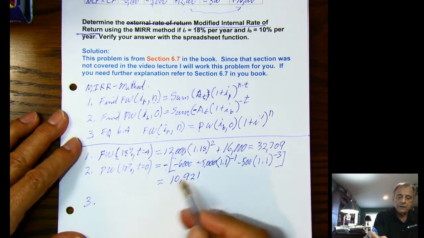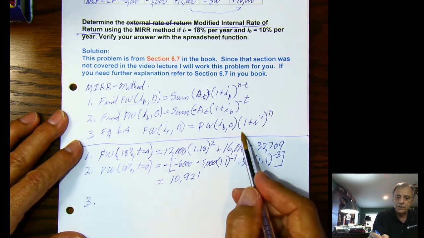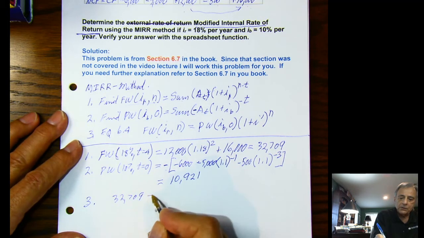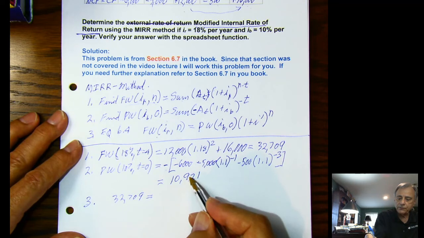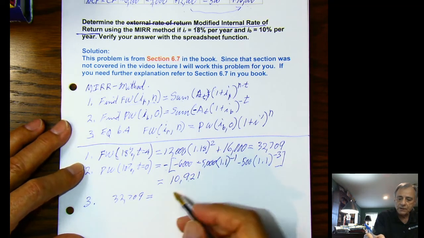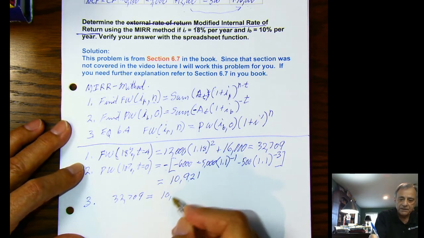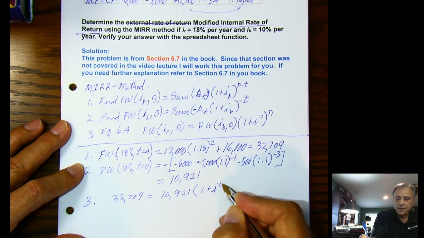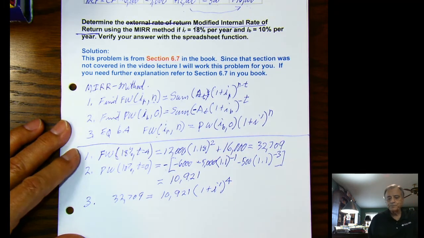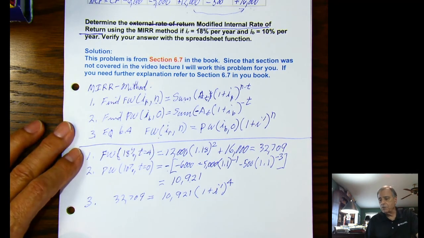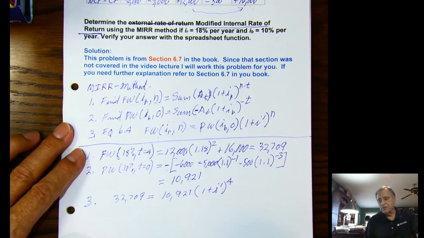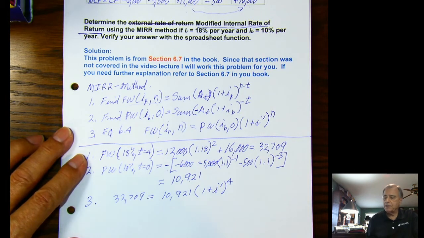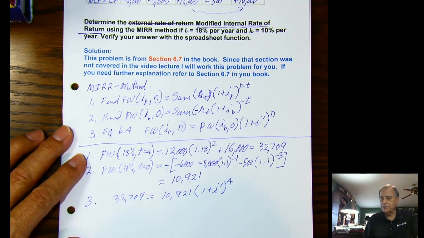We have the future worth, which is 32,709, equal to the present worth that we got from step 2 of the negative cash flows, but as a positive number, 10,921, times 1 plus I prime to the 4th power. And now we can solve this equation for I prime. You could do it in a number of different ways, but by this point in time, hopefully you can figure out how to do that.